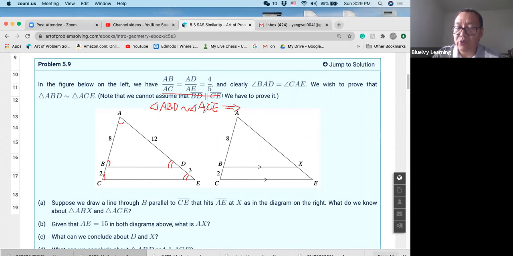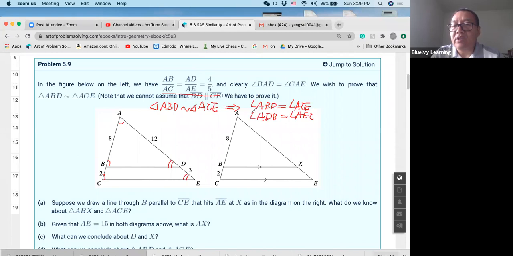We did not use BD parallel to CE, okay? Here we got angle ABD equals angle ACE. We also get angle ADB equals angle AEC.